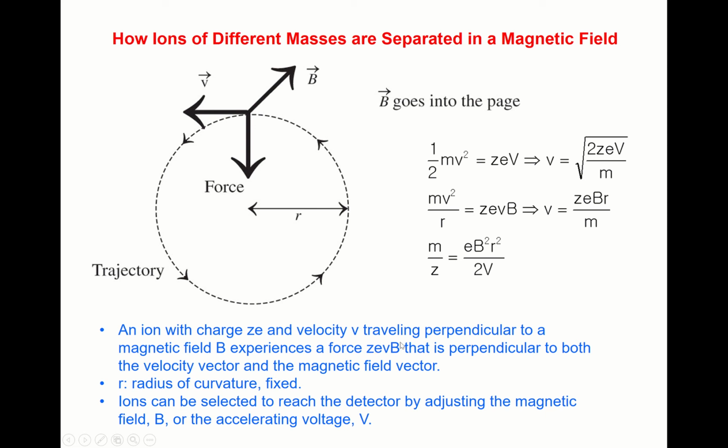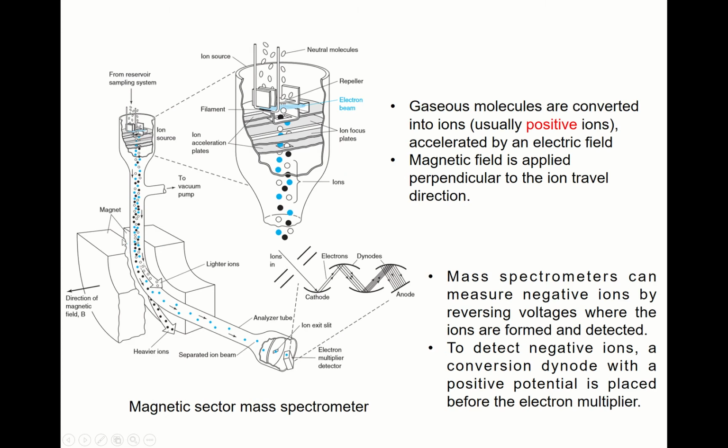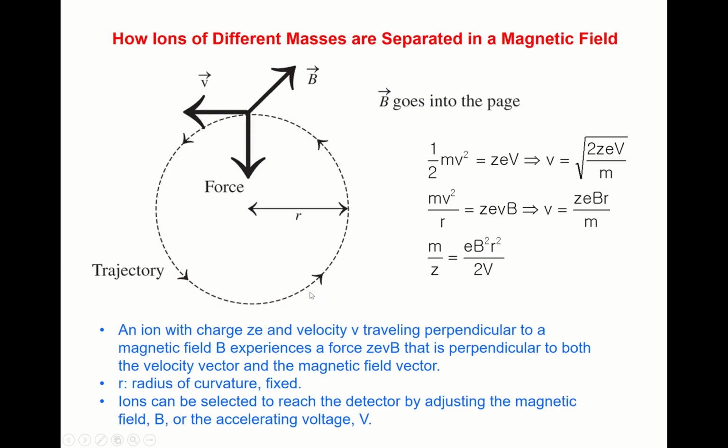The magnitude of this force is this one, and it is perpendicular to both the velocity vector and the magnetic field vector. Here r is the radius of curvature of the magnet, so this r is fixed.